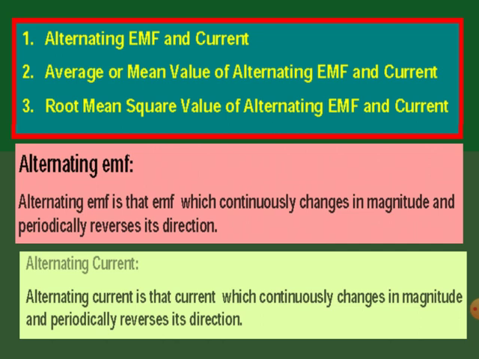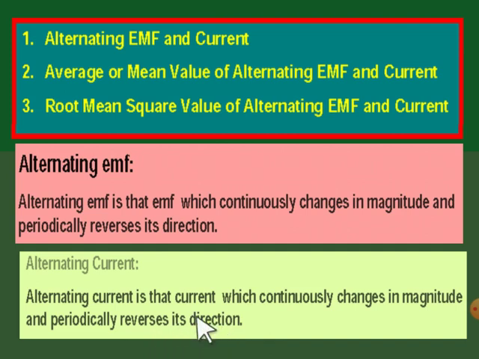Now what is alternating EMF and what is alternating current? Let's try to know it first. Alternating current is that current which continuously changes in magnitude and periodically reverses its direction.